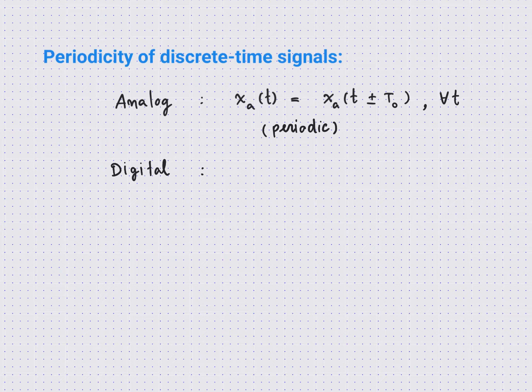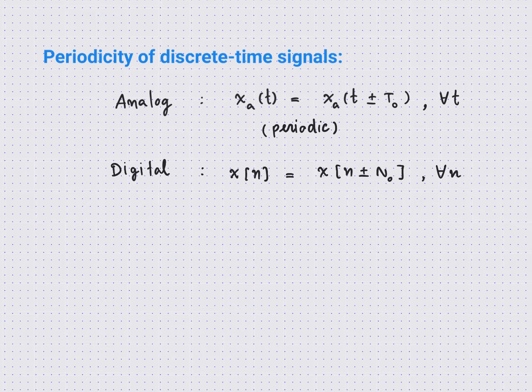So for the discrete time signal, you have x[n], and it should be equal to x[n plus or minus n naught] for all n, and we call it periodic.